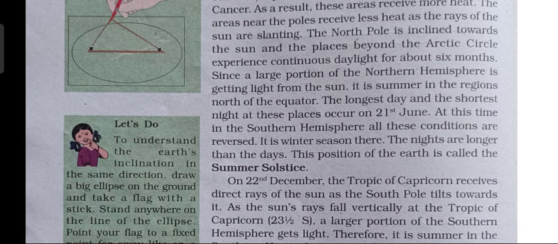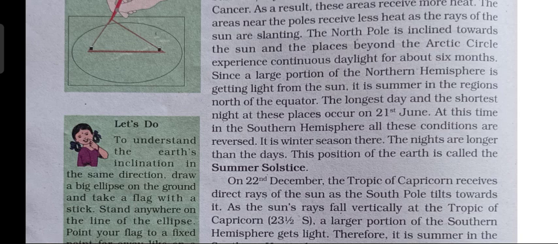The longest day and the shortest night at these places occur on 21st June. So, children, along with summer season, on 21st June, all the countries that lie in the northern hemisphere will experience longest day and shortest night. Now, children, take for example India.